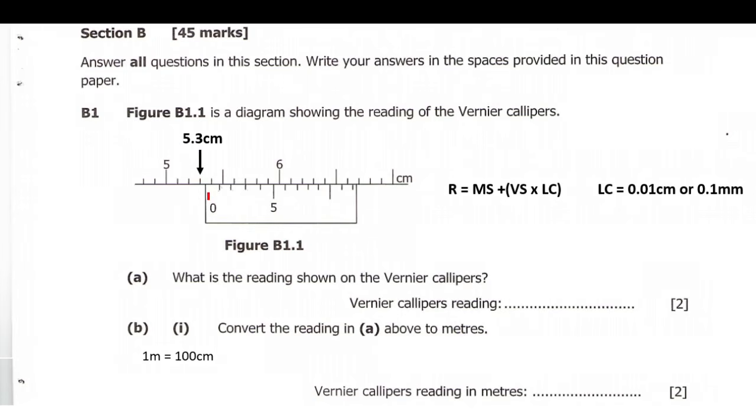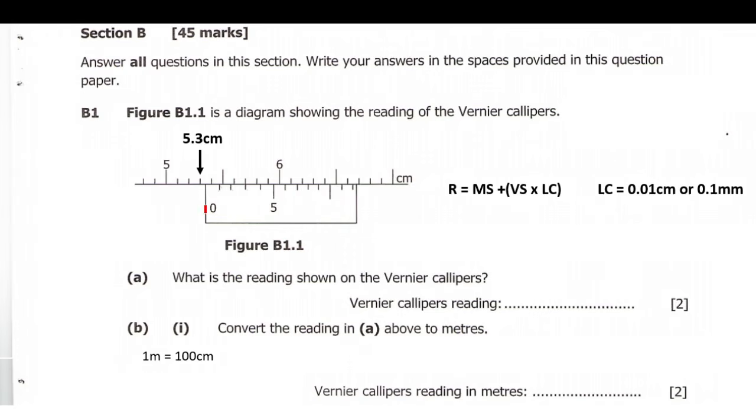Then again, now we'll read the Vernier scale here, which are these values at the bottom. Again, we read from left to the right, and we consider this edge of this Vernier scale here to be the 0. So if this is the 0, this should be 1, 2, 3, 4, 5, 6, 7, 8, 9, 10, 11, 12.